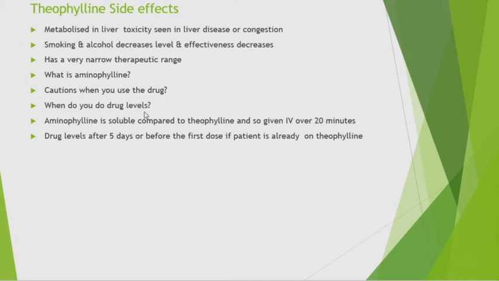So you have to be a bit careful when you give this drug. In naive patients you can give it easily, but if the patient is already on theophylline before coming to the hospital, it's always better to check the levels and then go ahead. When do you commonly check the drug levels?